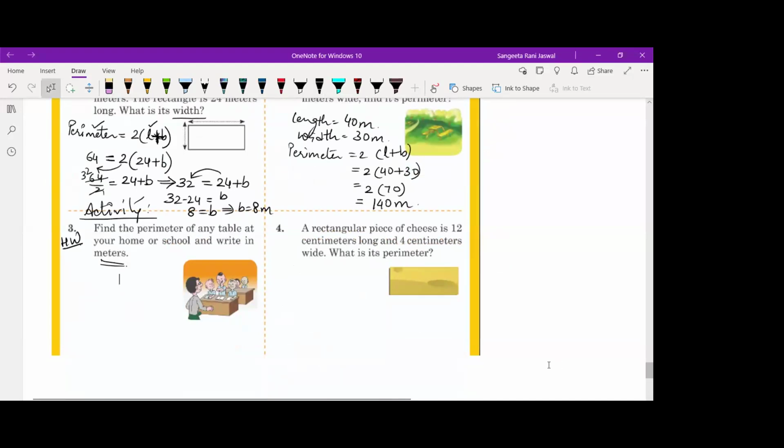Ma'am, I got the answer. Okay, very good, Adya. Tell me, what is the first statement? Length is equal to 12, ma'am. Yes. Width is equal to 4. Perimeter is equal to 2 into (L plus B) is equal to 2 into (12 plus 4) is equal to 2 into 16 is equal to 32 centimeters.